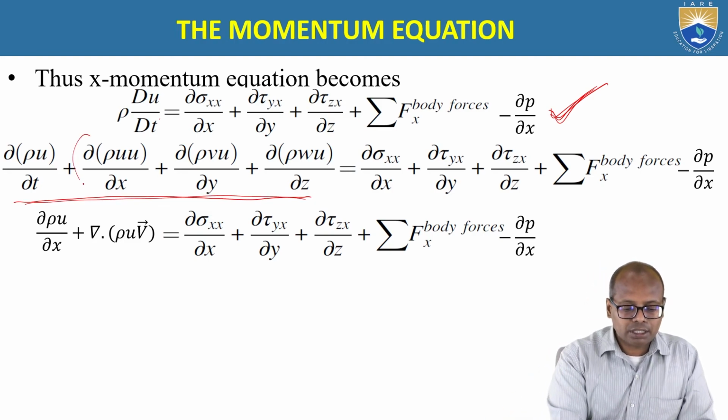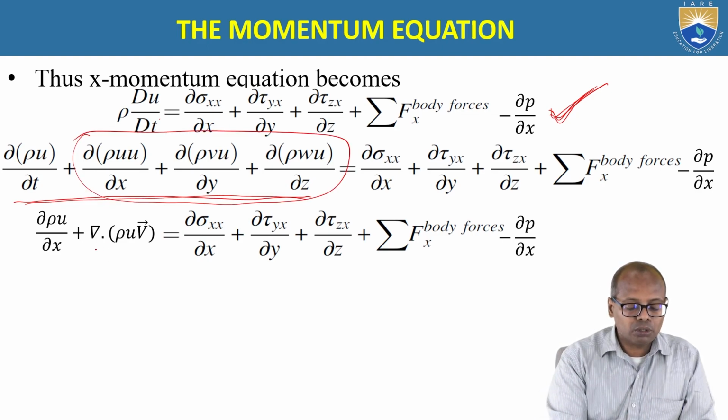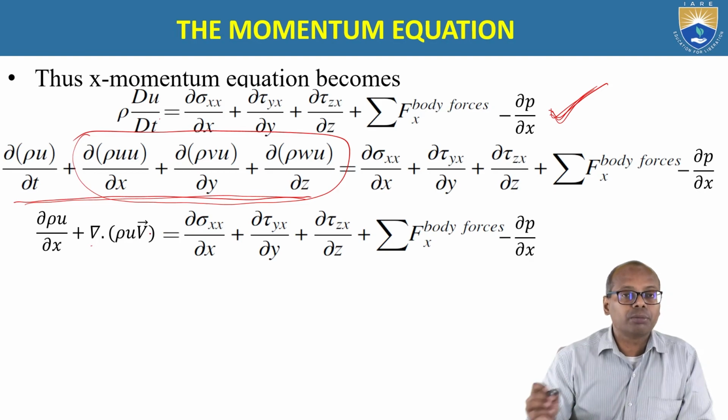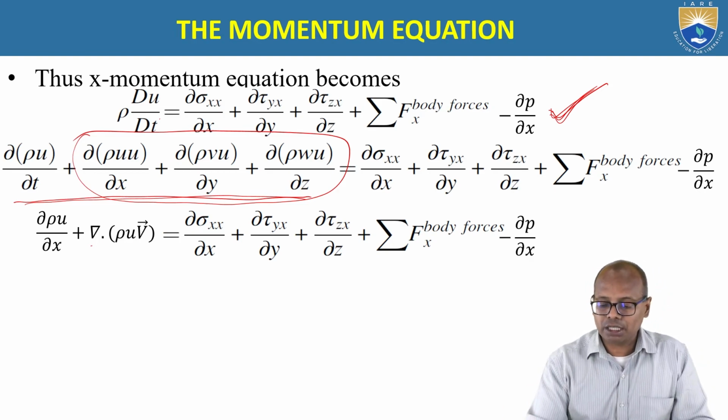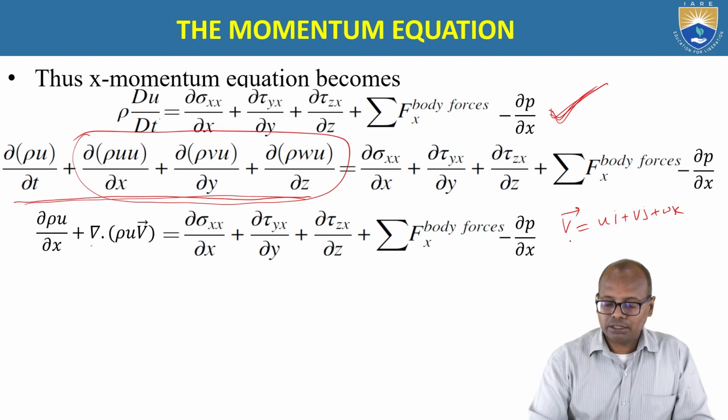Now what is this term? This term is equal to ρ del dot ρu v bar. Now what is v bar? V bar is nothing but ui plus vj plus wk. And what is del? Del is equal to ∂/∂x i plus ∂/∂y j plus ∂/∂z k.